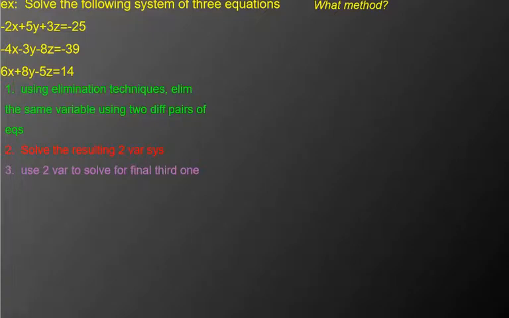When I first look at a system of three equations, I try to figure out whether I want to do it algebraically with elimination or substitution. Along the leftmost column I have a common multiple, 2, 4, 6, and nowhere do I have a variable that's easy to solve for, so it makes sense to do elimination.